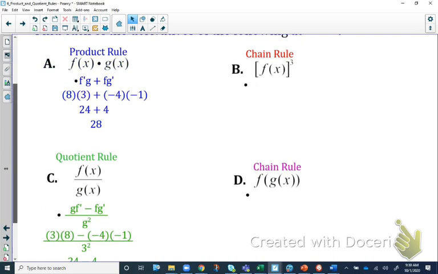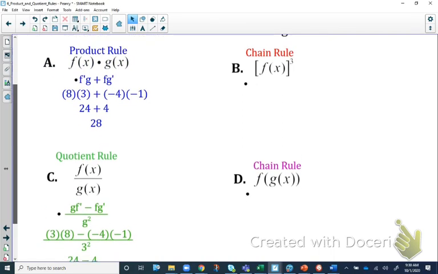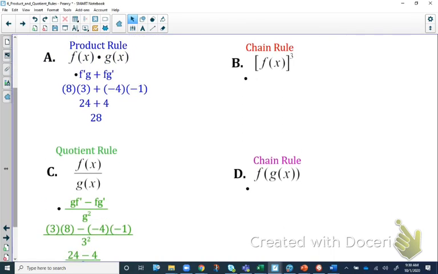Now the chain rule, I'm not sure why they're introducing the chain rule here, but the chain rule is something that we're going to really see in Unit 3. The chain rule is essentially saying that we're going to take the derivative of the inside part and multiply it to the derivative of the whole thing. So here the derivative of the whole thing is the 3 times function f to the second power, and the derivative of the inside part is just the derivative of function f.